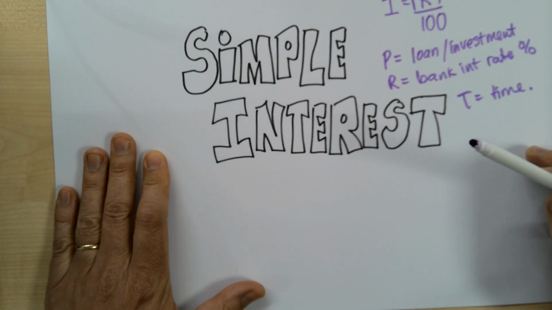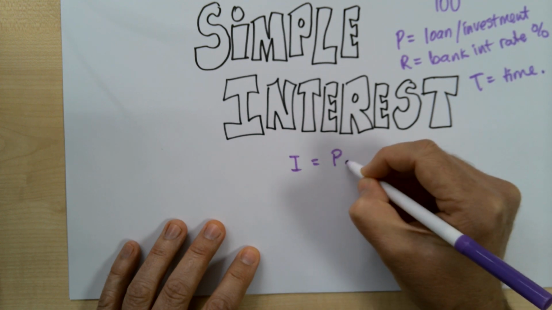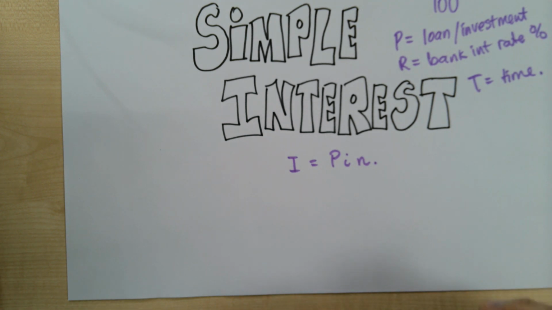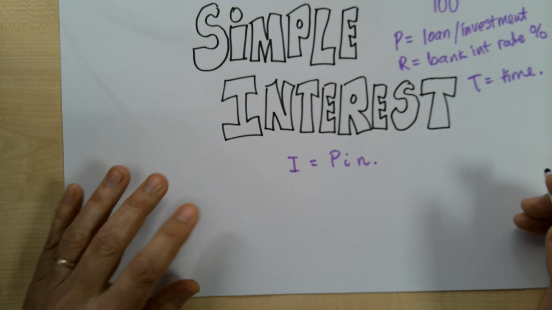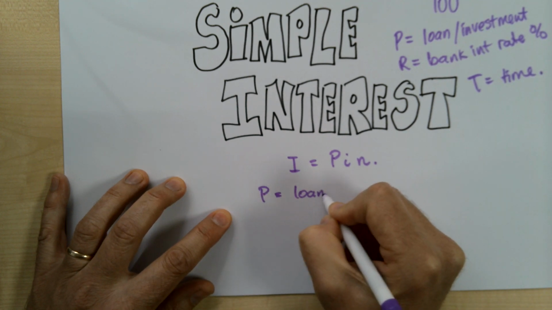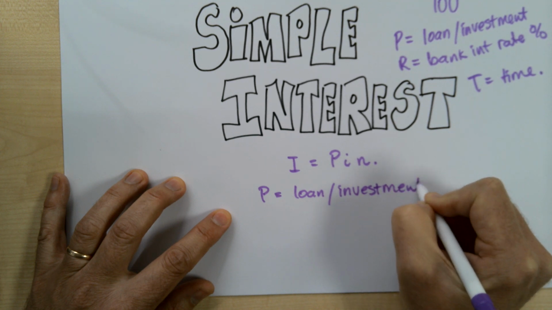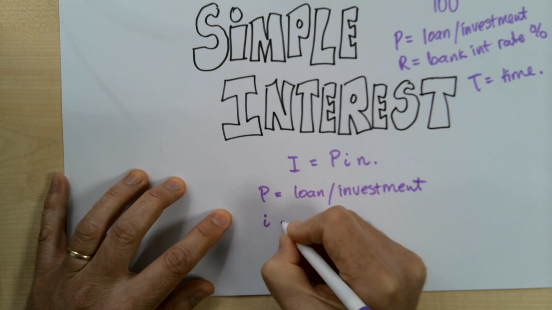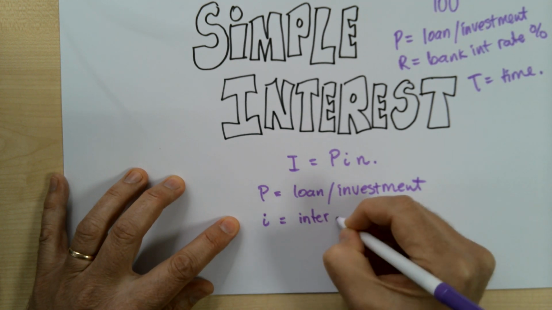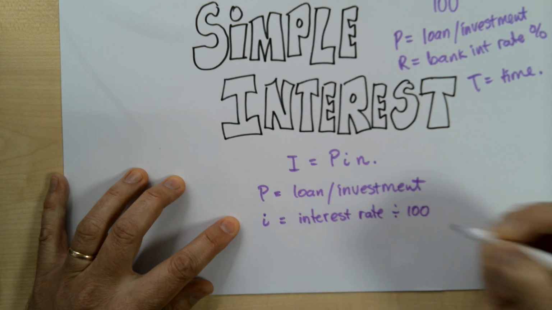But here is how it is given to you in the formula sheet. Now it does exactly the same thing, it's just dressed up a little differently. P is still P, the loan or the investment, whichever way you're thinking of it, whether you're borrowing or investing. Little i, not capital I, is the interest rate divided by 100.